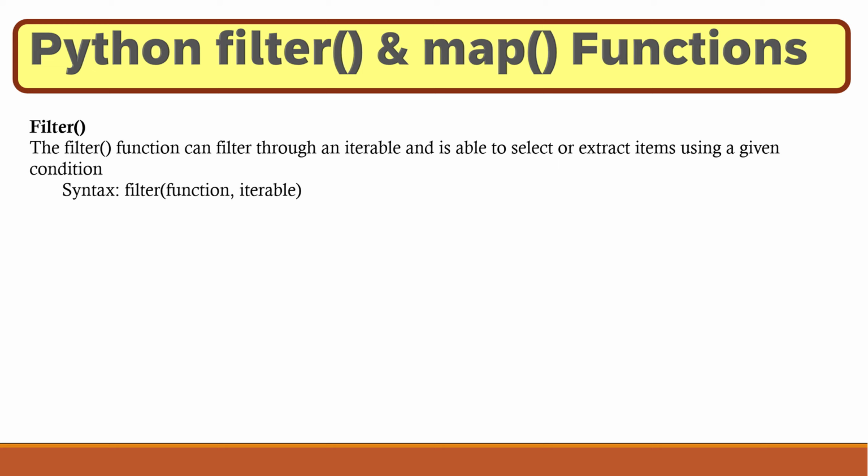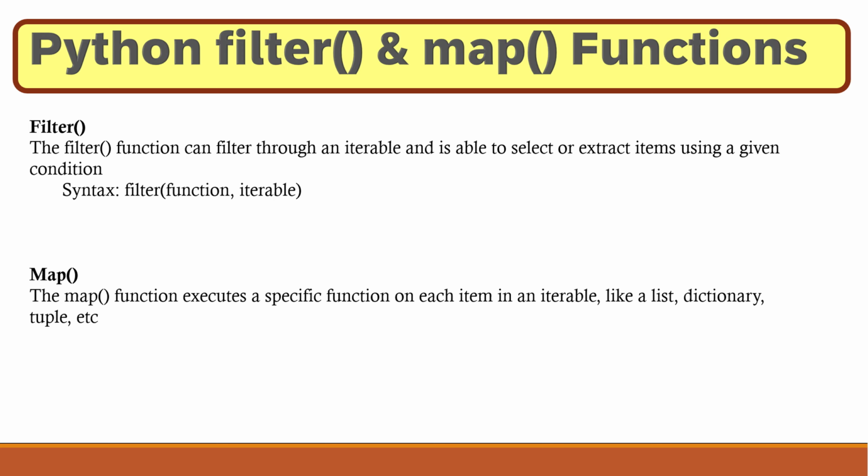It can filter through an iterable and is able to select or extract items using a given condition. And the syntax for a filter function is the word filter, and then in parentheses we pass in two parameters. So it can be a function, it can be a regular function or a Lambda function, and then followed by the iterable. The iterable can be a list, dictionary, tuple, and so on.